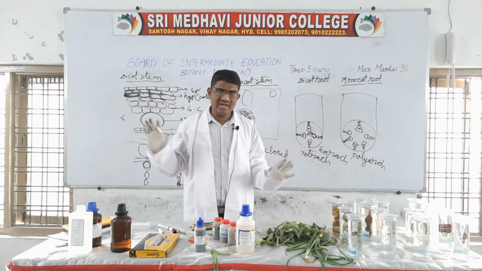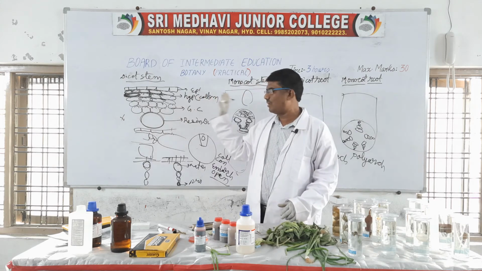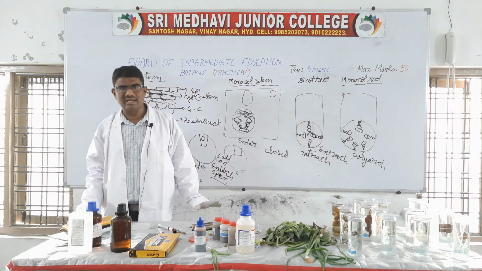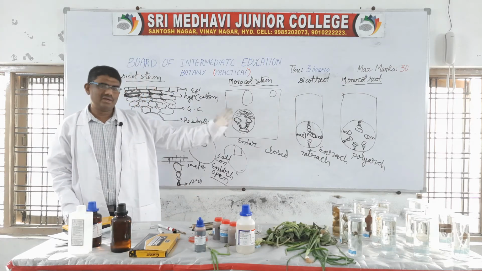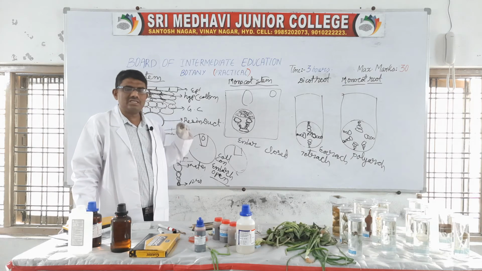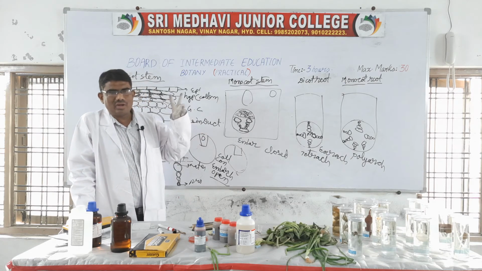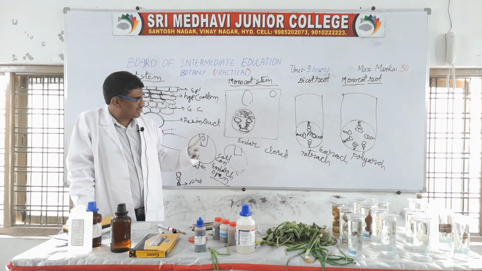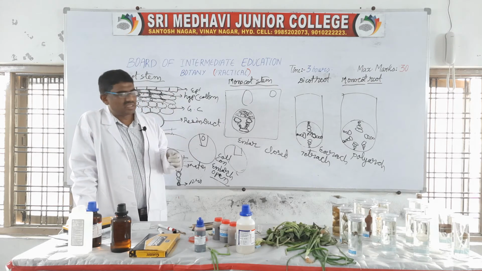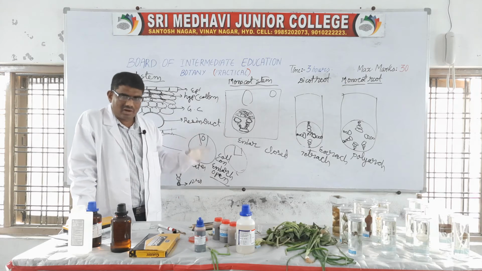For comparative study purposes, I have given all 4 diagrams here. If you want, you can take screenshots of all 4 diagrams, which are important. When you observe them, you can draw these diagrams. Out of the 4, 1 will come in the final examination. Whichever question is given in the practical examination, you have to draw that diagram.